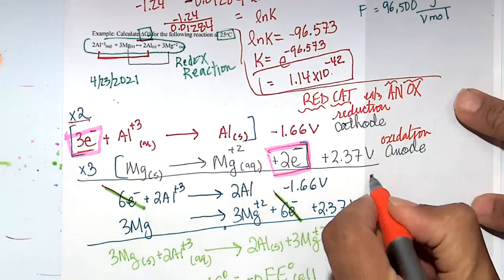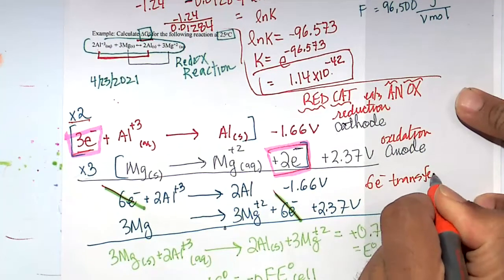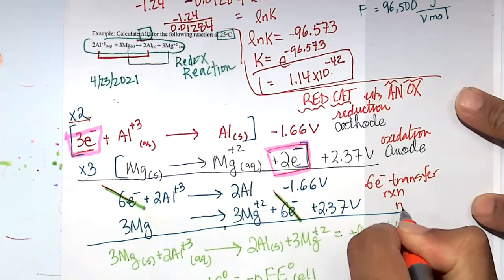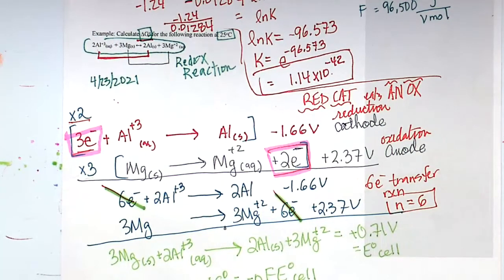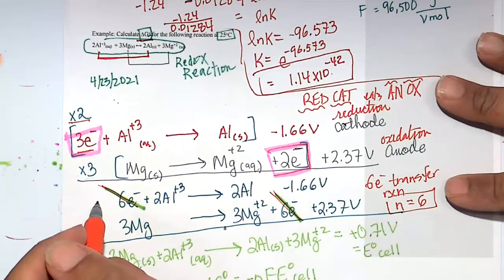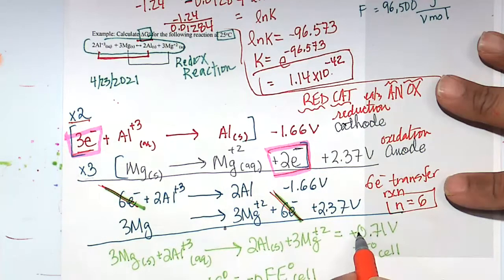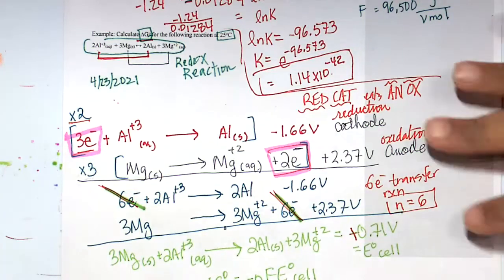This is a 6 electron transfer reaction, so N equals 6, which is the number of electrons being transferred in this oxidation-reduction reaction. So we add the 2 reactions, canceling out our electrons, and we add the voltages. The positive sign tells us this is thumbs up; it will favor the products.